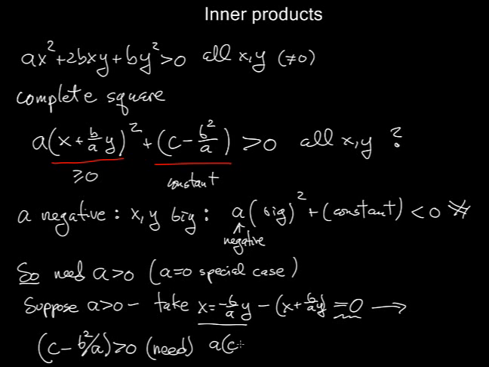And let's multiply this thing by the positive number a, which we're allowed to do, and we get ac minus b squared is required to be positive. That's the determinant. Well, that's interesting. So what do we conclude?